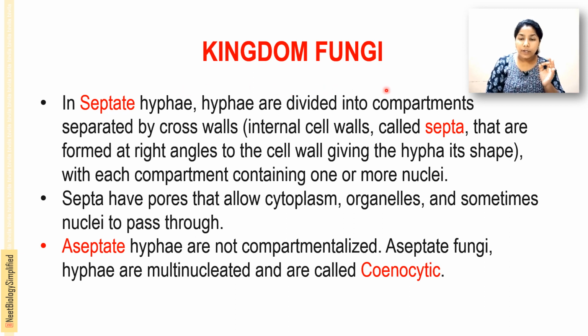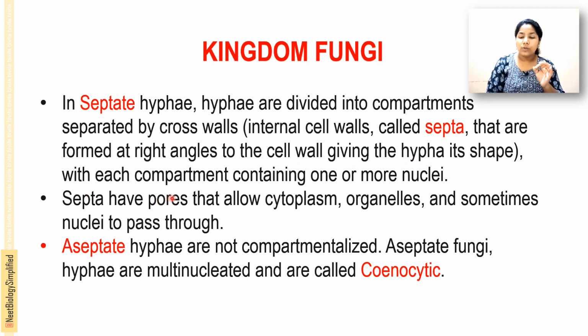Hyphae are divided into compartments separated by cross walls, which are formed at right angles to the cell wall, giving the hyphae its shape, with each compartment containing one or more nuclei.